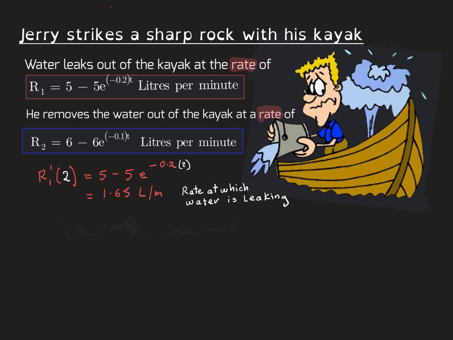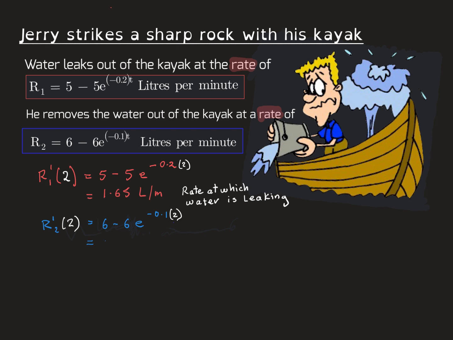Now the rate at which Jerry removes the water after 2 minutes is going to be 6 take away 6 e to the minus 0.1, and we'll multiply it by 2 minutes.